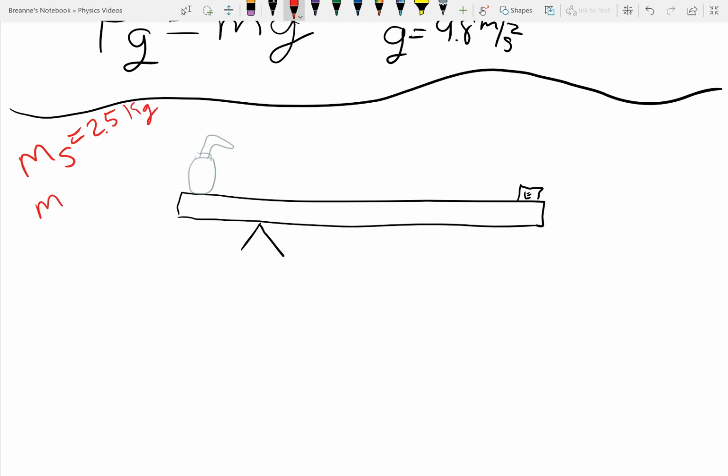Let's say the mass of the eraser was 0.5 kilograms. And so the first thing, you have to figure out your pivot point. So there's our pivot point. So that's our pivot.